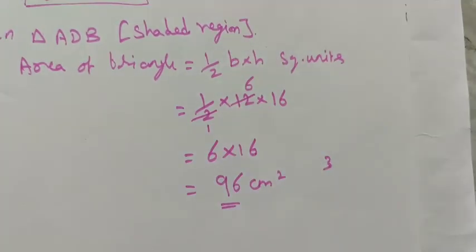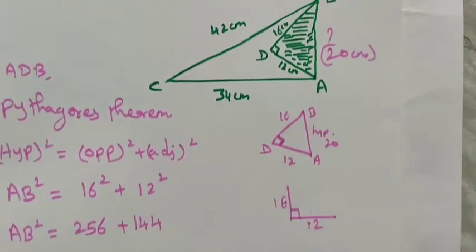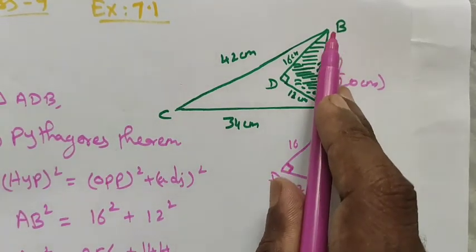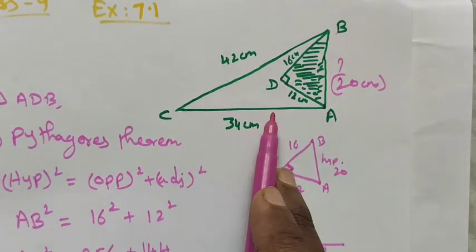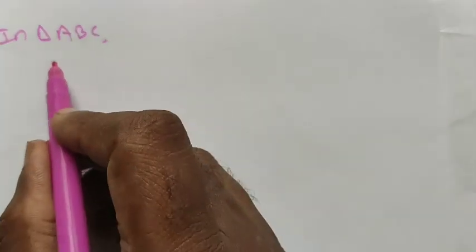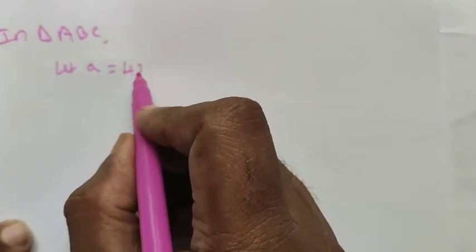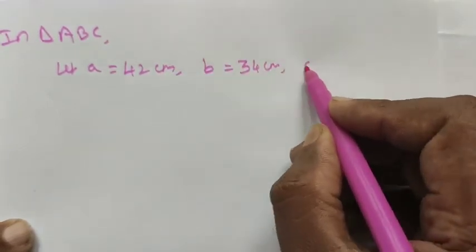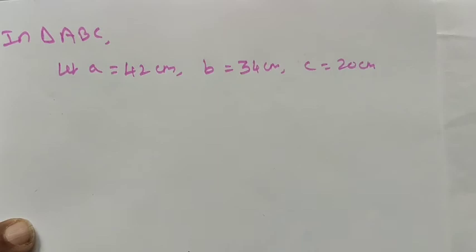Now we want to find the area of the unshaded region. To find that, first of all we want to find the area of triangle ABC, the total area of this triangle, and then we have to subtract these two. In triangle ABC, let A be 42 centimeter, B be 34 centimeter and C be 20 centimeter.